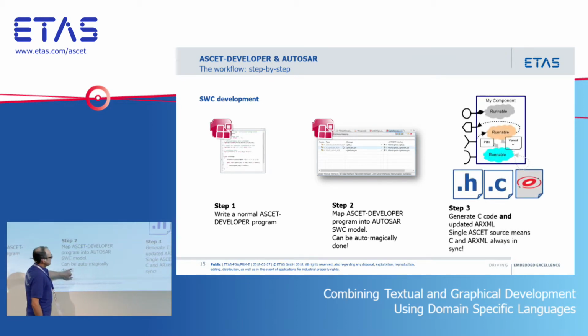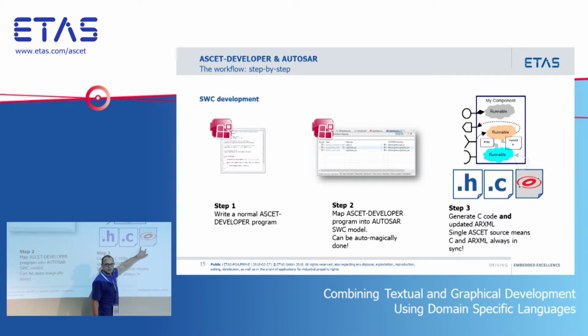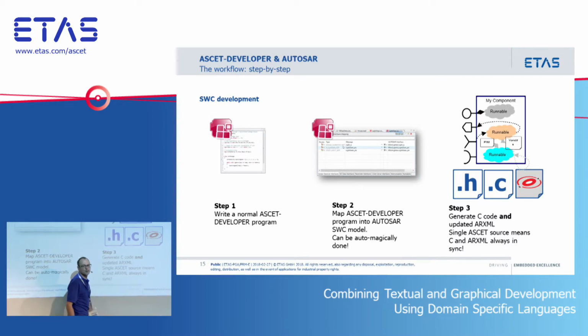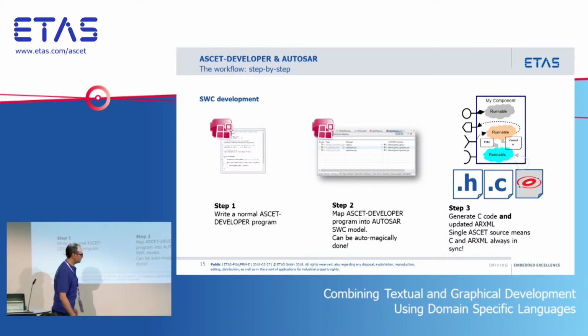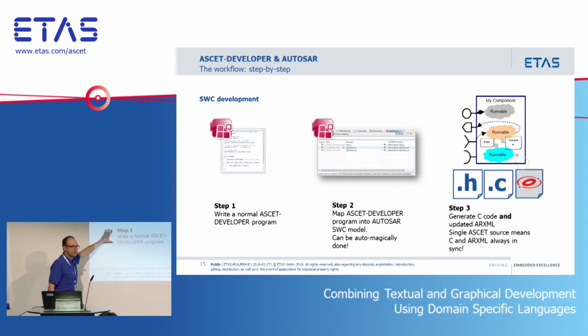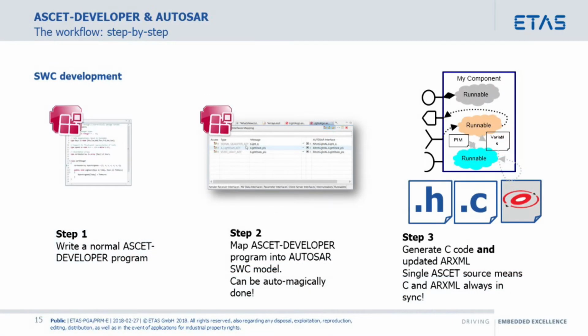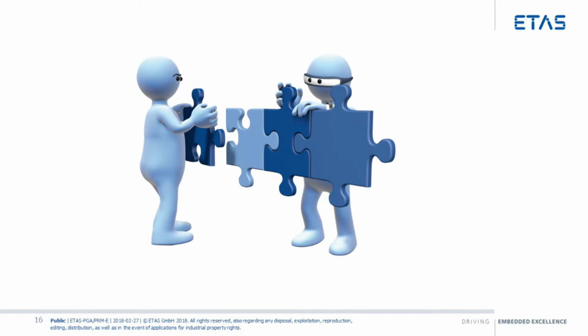And then finally we generate C code, and we generate some XML code that defines all that internal behavior, so it all fits together. This is really nice because I've got a single source for what the functionality needs to be, and I can always keep this AUTOSAR model and this C code in sync together.